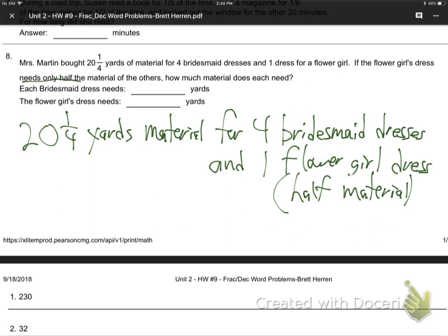That's what they say. It needs only half the material of the other. So the flower girl dress needs only half the material of a bridesmaid's dress.